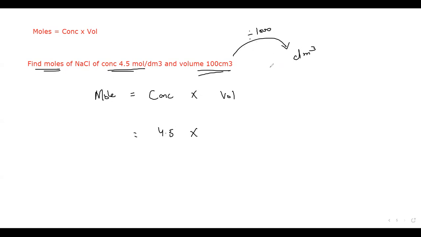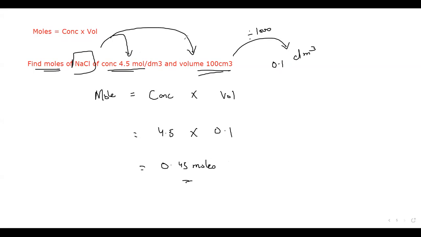So 100 divided by 1000 is equal to 0.1. And 4.5 multiplied by 0.1 is equal to 0.45 moles. So we'll get 0.45 moles of NaCl. So this is the formula if the concentration and the volume are given.